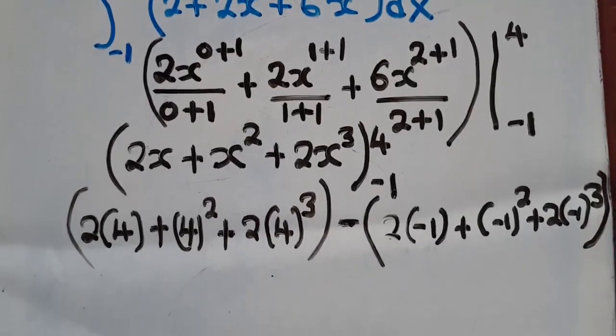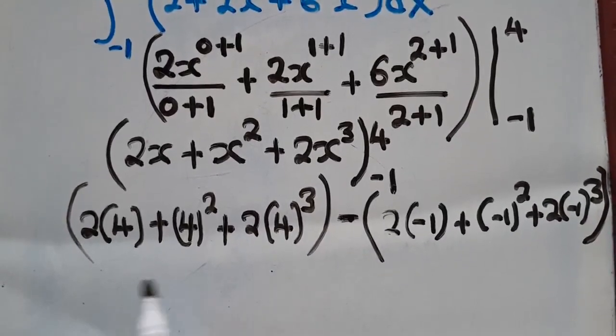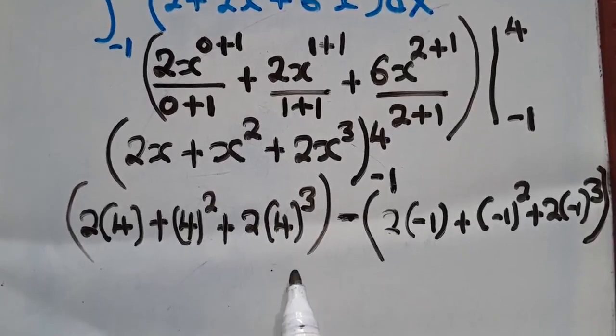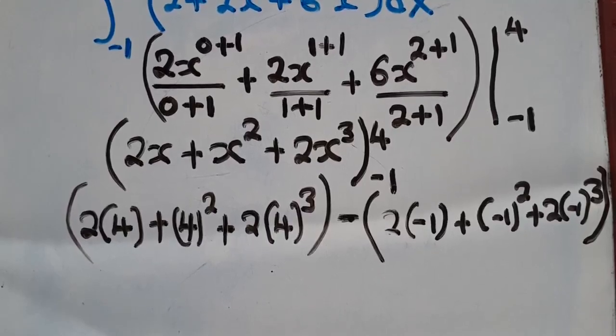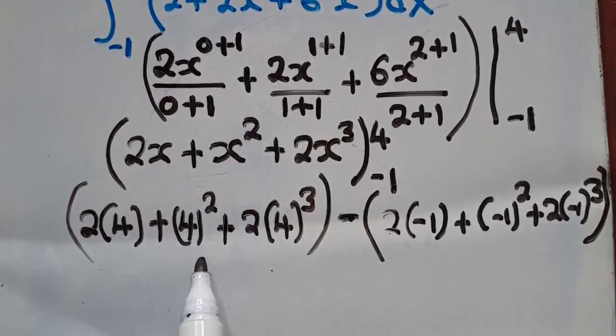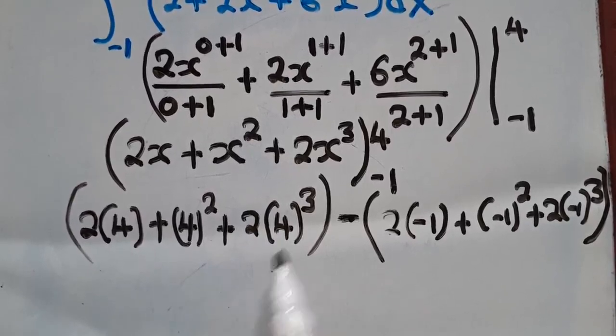Then after doing this, I evaluate what answer I am getting this side. What is 2 times 4? You get 8 here. 8 plus 4 squared, which is 16, so plus 16, you get 24.